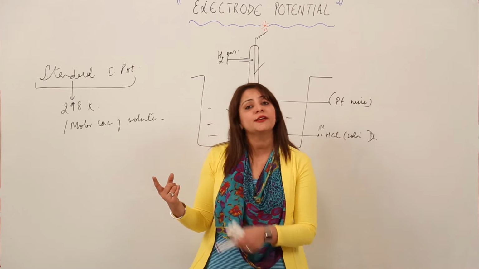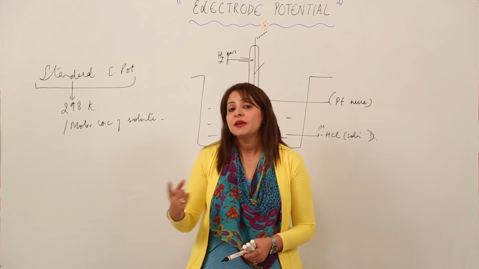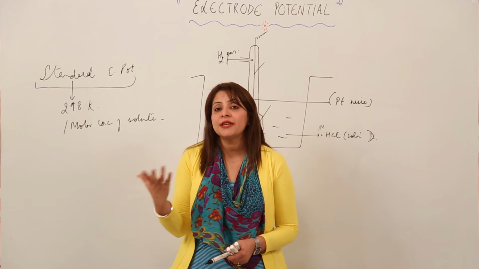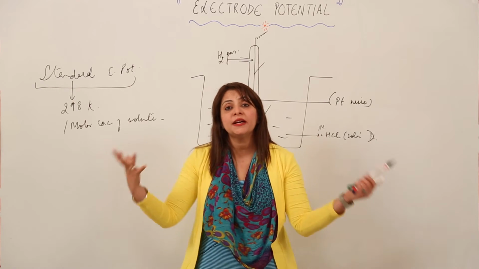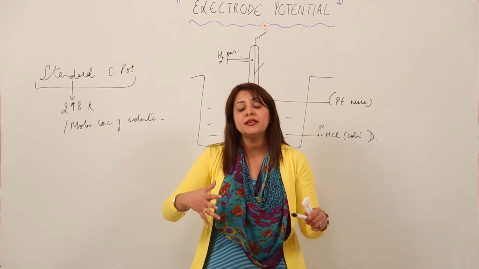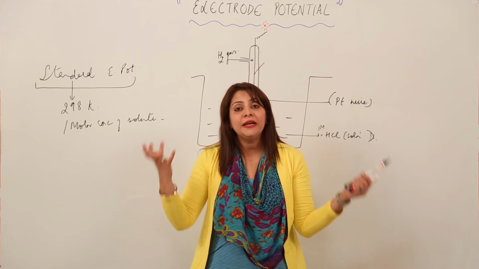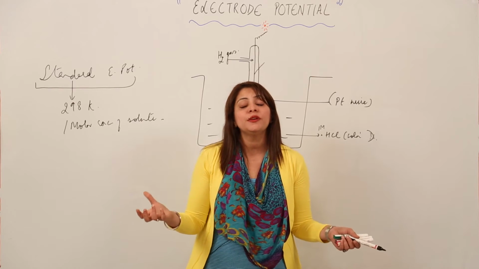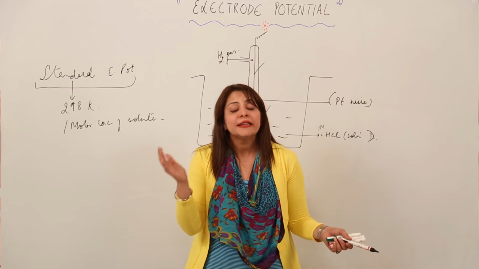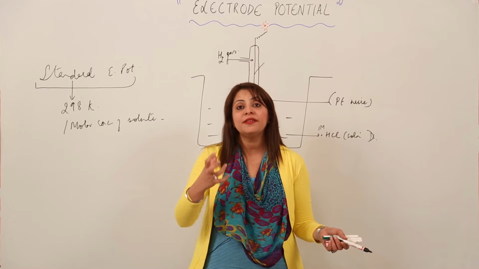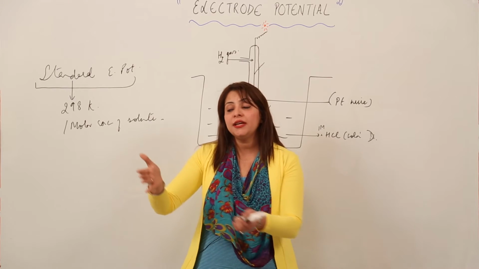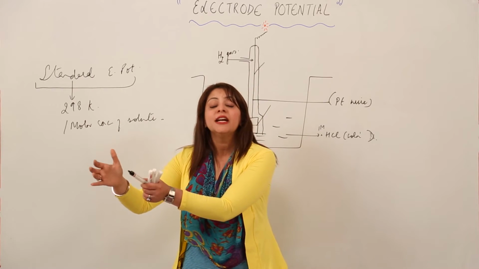There needs to be a couple present, that means two beakers, two half cells present in which the oxidation and reduction will occur. Then only we can have the value. That means we cannot have the accurate value for this electrode potential, right?